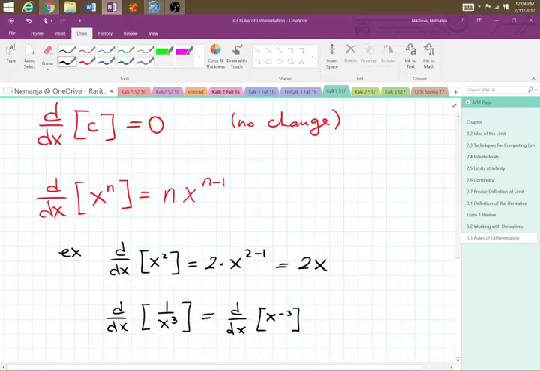If you know algebra. If you don't know algebra, then you should retake that first. So you drop n down as is, it's negative 3, and then just subtract 1 from it. Minus 3 minus 1 is minus 4.